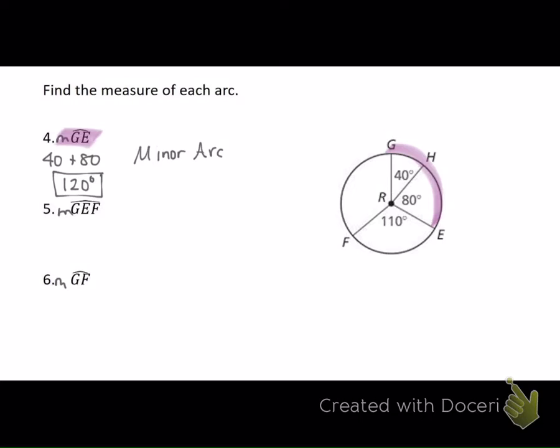Okay, the next one has 3 letters, which means that E must be in the center of the letter. So G, E, F. So how am I going to find the measure of arc GEF? Harmony, how can I find the measure of arc GEF?